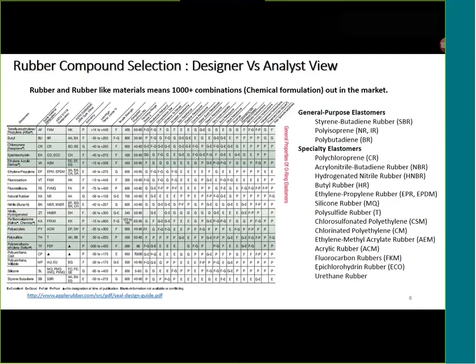So in this webinar, we are going to majorly focus on the analyst view of elastomeric components, which will encompass all different types of chemical composition which are normally put under a category, within the double quotes, called elastomeric components.